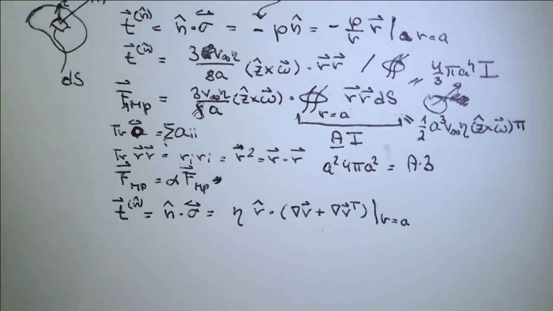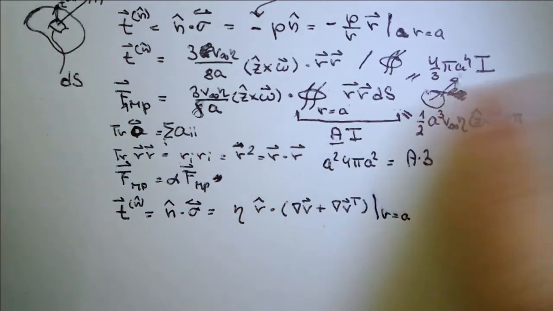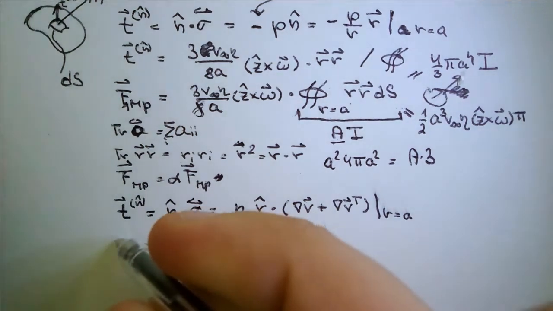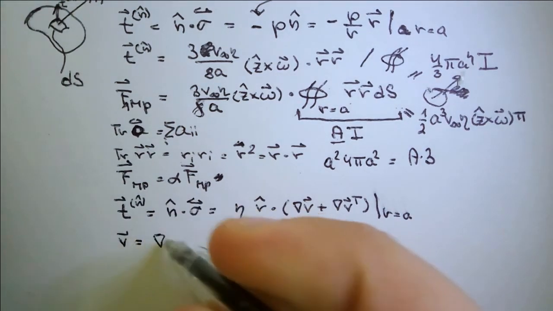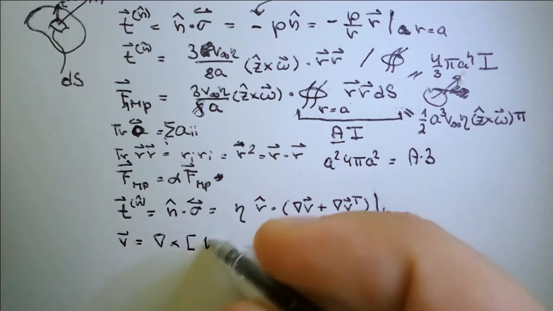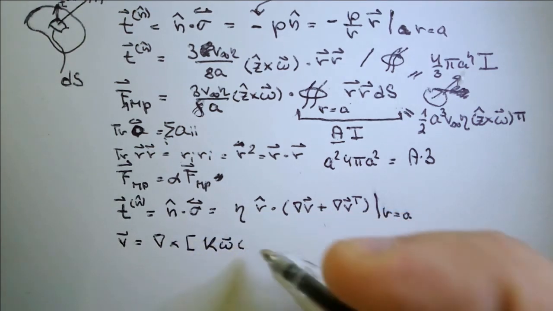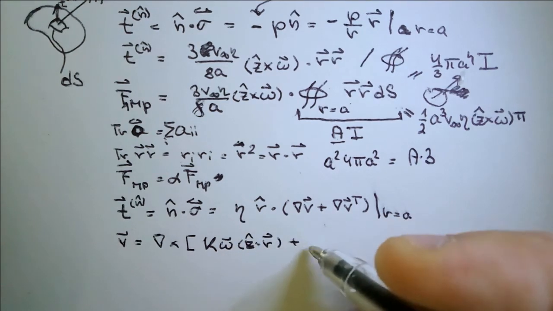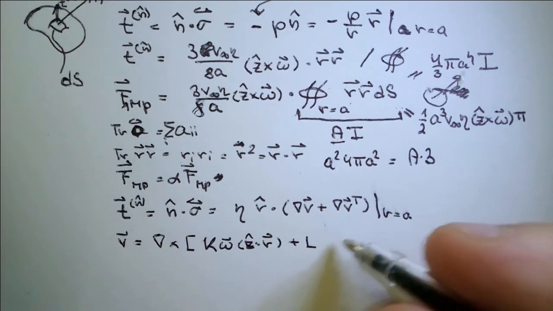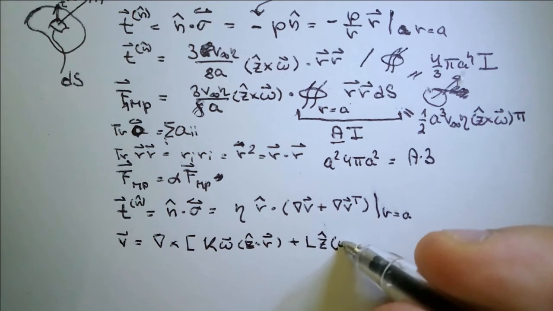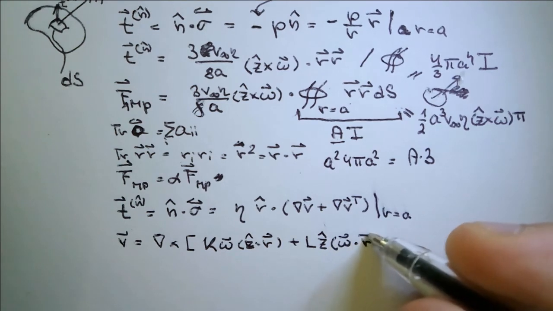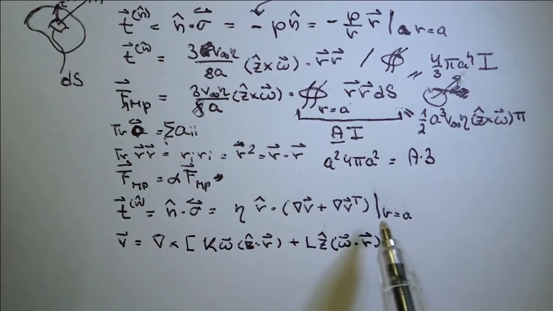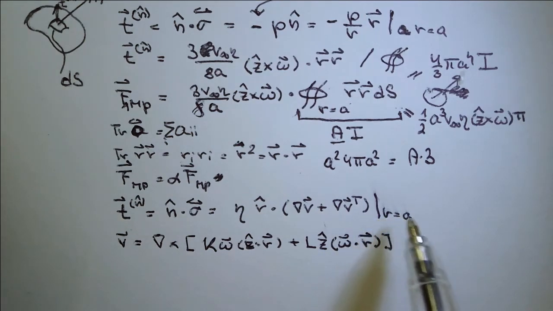This is computed at r equal to a. Now we know that velocity is the curl of k omega r z hat dot r plus l omega z hat omega dot r vector. Yes, that's it. And if you remember, we have to compute it at r equal to a.